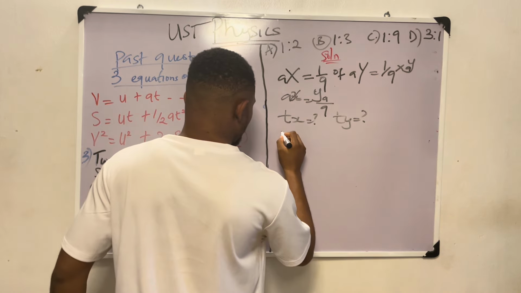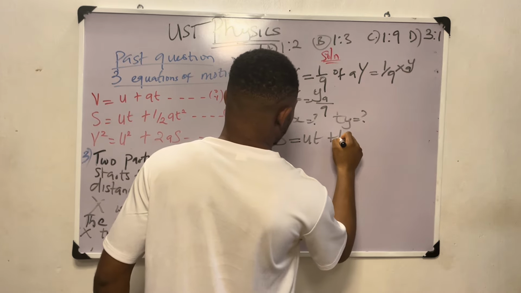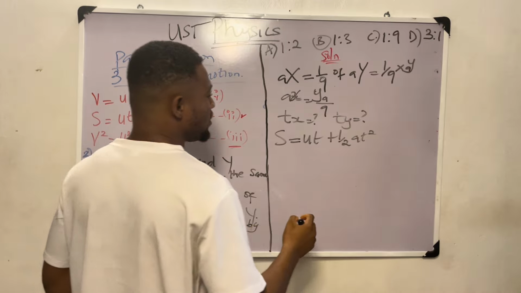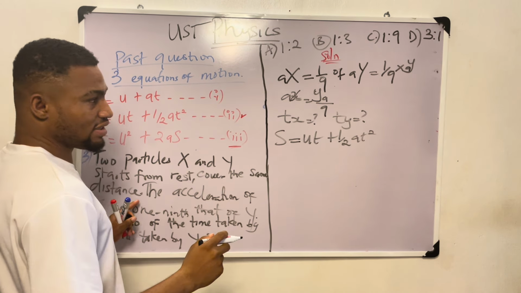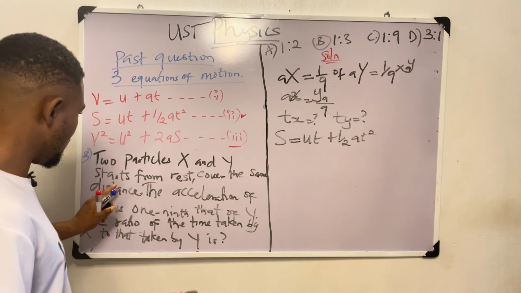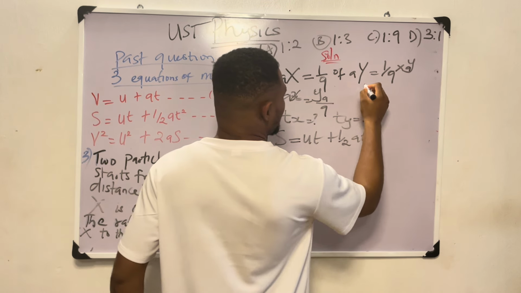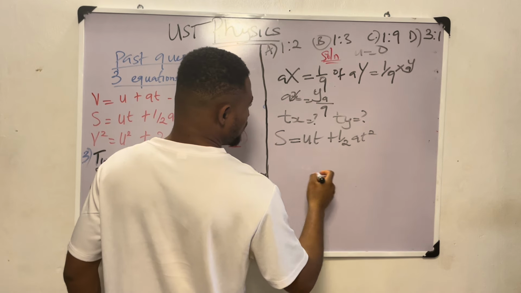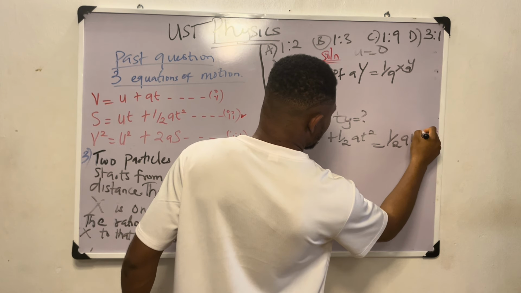We are going to use S equals UT plus half AT square. One thing you should know is that it starts from rest. These two particles start from rest, so the initial velocity is 0. So we rule it out. We now have S equals half AT square.